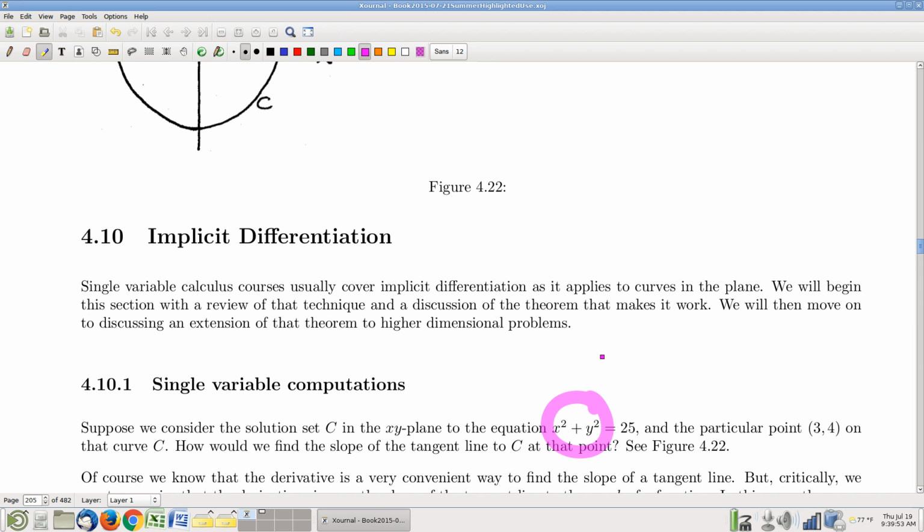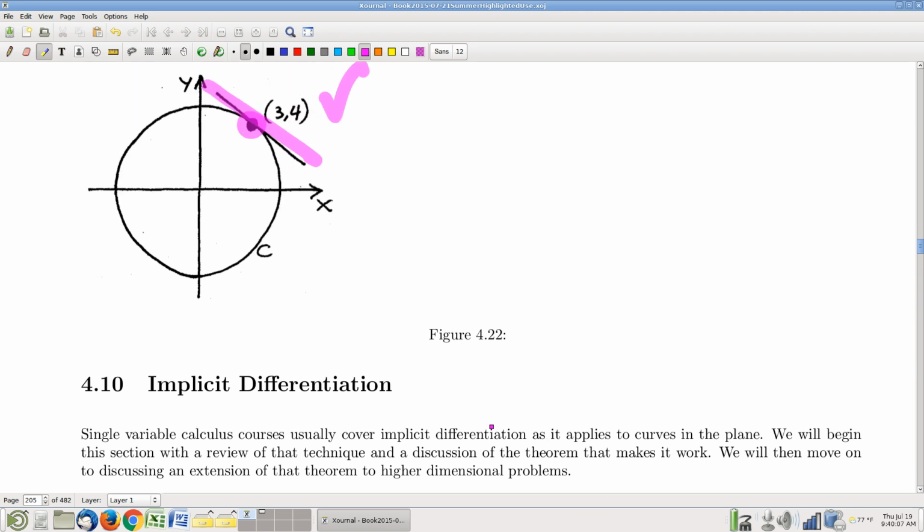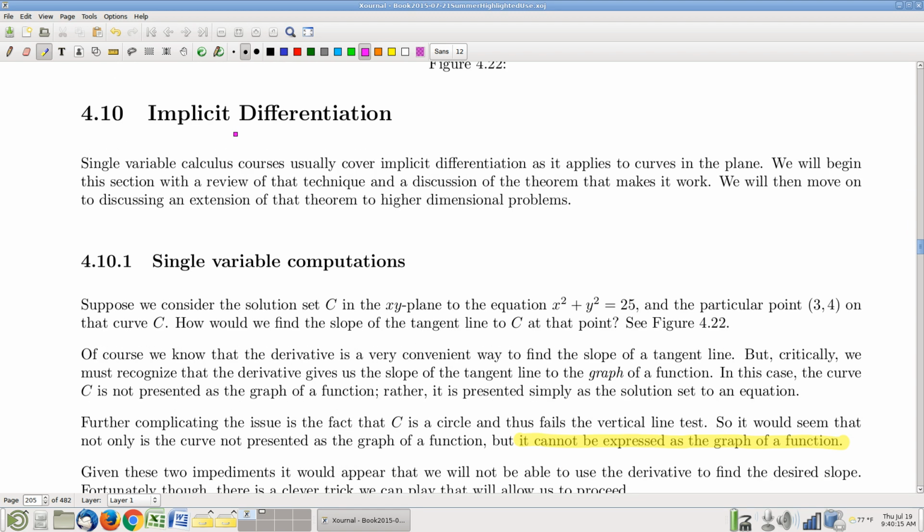All right, so this is wrong, right? This is very wrong. Specifically, slopes are derivatives only if you're talking about the slope of a graph. And very importantly, this curve over here is not a graph. It's not even close to a graph. Not only is it not a graph because of this issue, vertical line test problems, that can be dealt with, it is certainly not a graph of that.